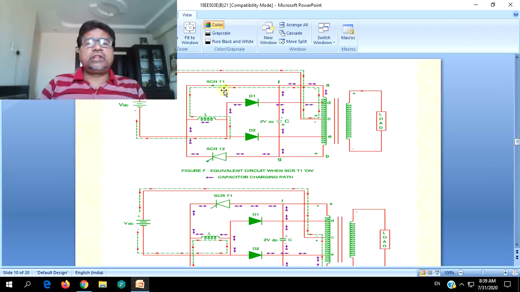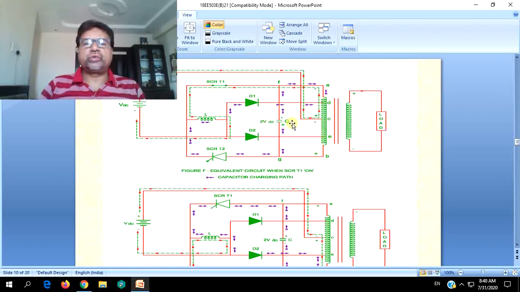When SCR T1 is turned on, it acts like a short circuit. Current flows from VDC in the direction of the red arrows. Current flows from VDC via C, which is now positive, then C, D, A, T1, L, and back to the source. Because of this current in the upper half, flux will be generated, and the same flux will flow through the bottom half. 2 VDC will be the primary voltage.